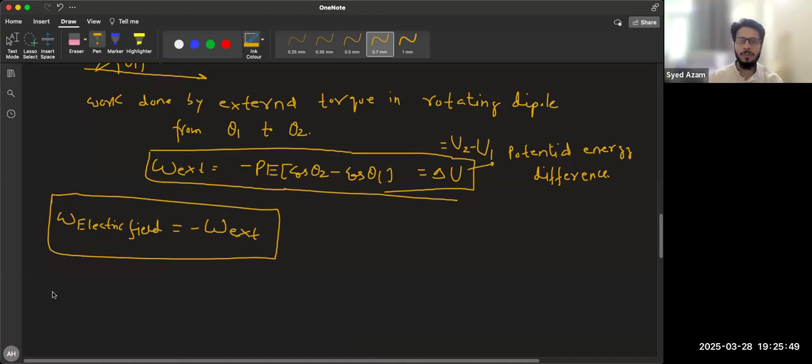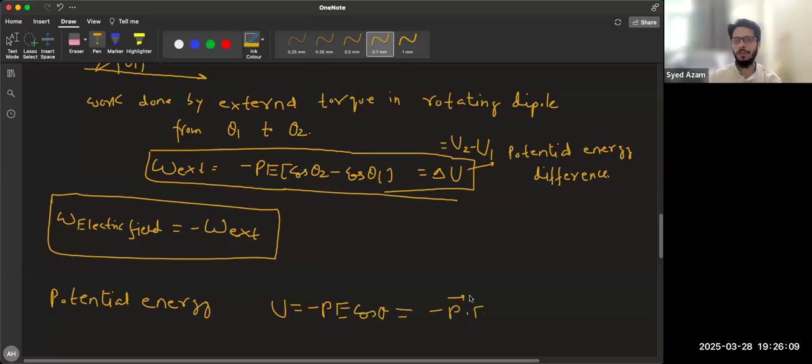Or you can simply calculate potential energy also. If you want to calculate potential energy, then potential energy is simply minus PE cos theta, or you can write this as minus P dot E also.